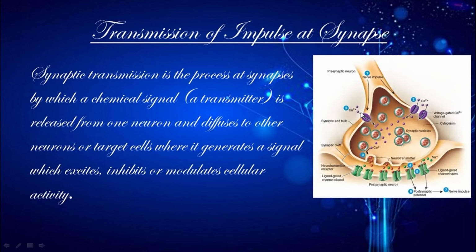Between each neuron, at one's axonal terminal and on the other's dendritic terminal, there is a gap known as the synapse. The synapse is the gap present between the axonal terminal and the dendrite of the two neurons.